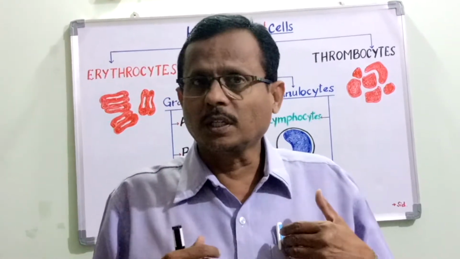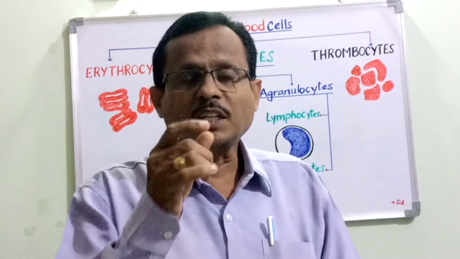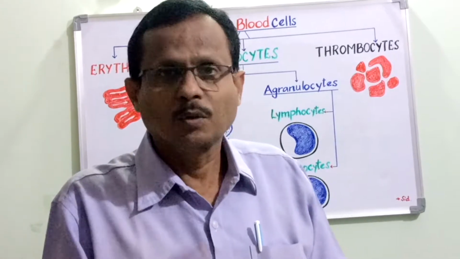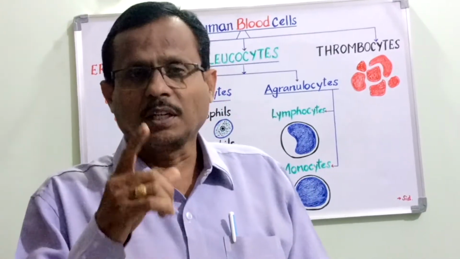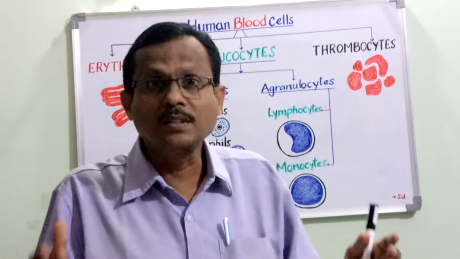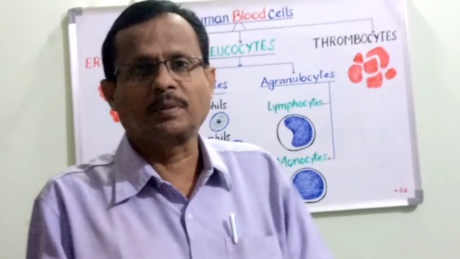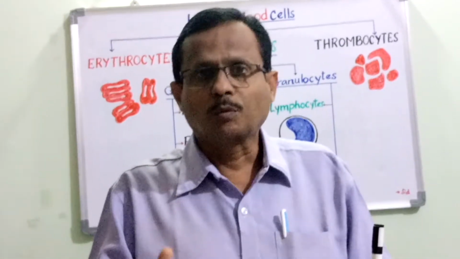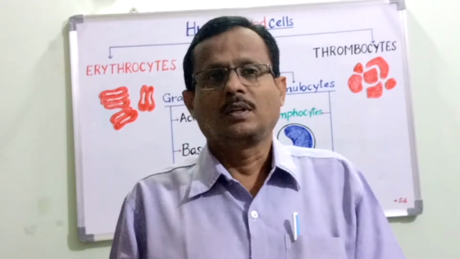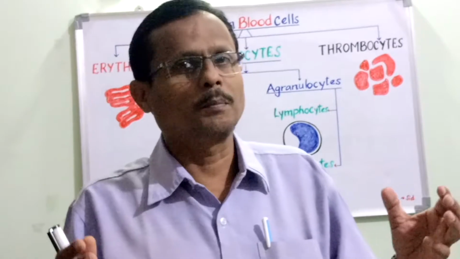In the human body, blood is the most important fluid that takes part in the transportation of food materials, the respiratory gases and excretory products along with the enzymes. So these are the four major elements that are transported by blood from one place to the other in the human body. Now let us examine the details about the components of blood.